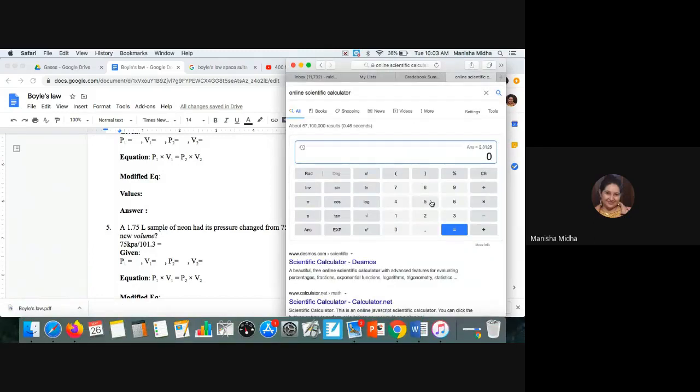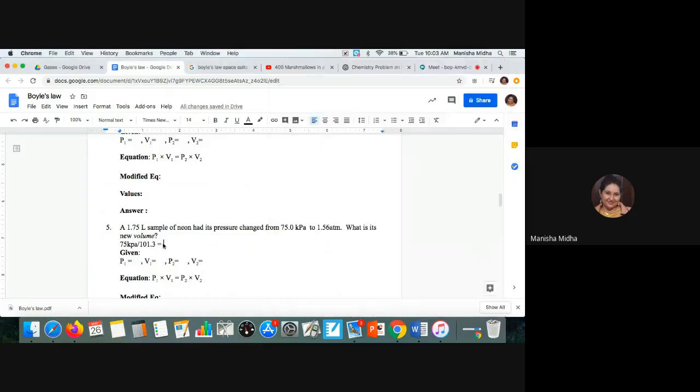Let me do it here. 75 divided by 101.3 gives me 0.74. I will ignore the rest of the values. 0.74 atm. Sorry, it's a zero, not parentheses. So instead of 75 kPa, you will substitute it with 0.74 atm.